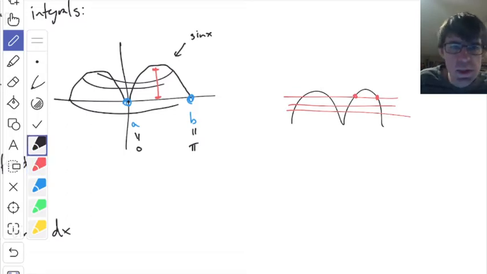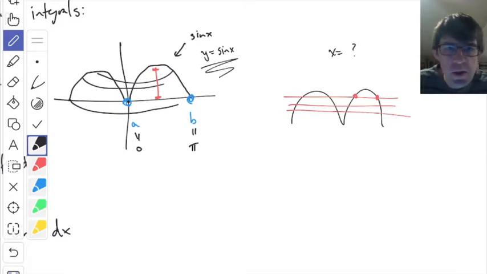The standard trick is to write the function the other way around. This, written this way, is y equals sine of x. How do I translate that into a function of x? X equals what? You have to solve y equals sine of x for x. This is not obvious how to do.